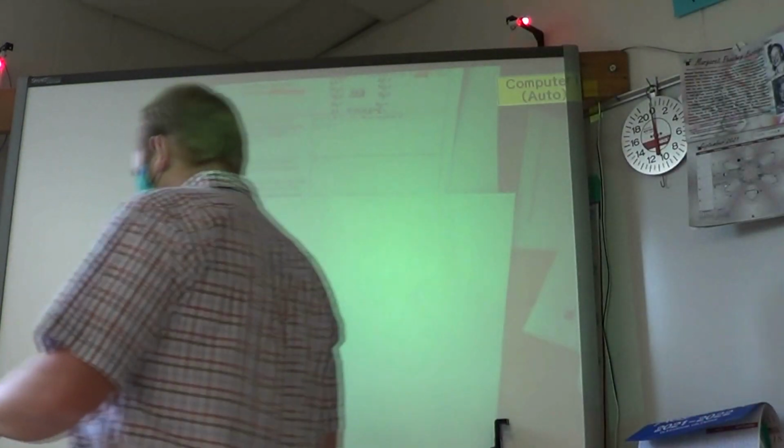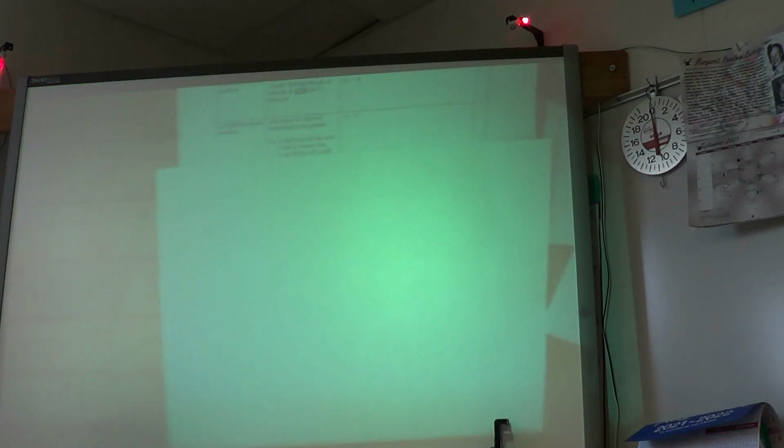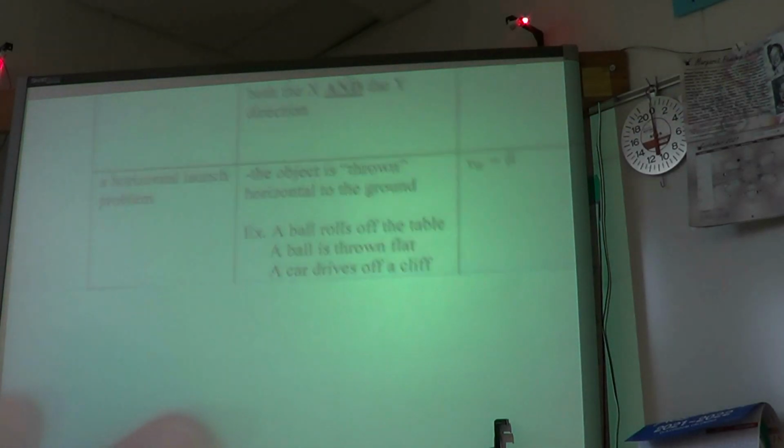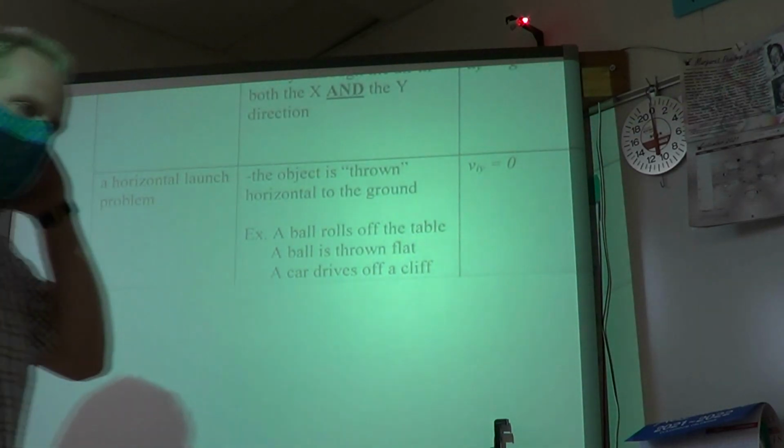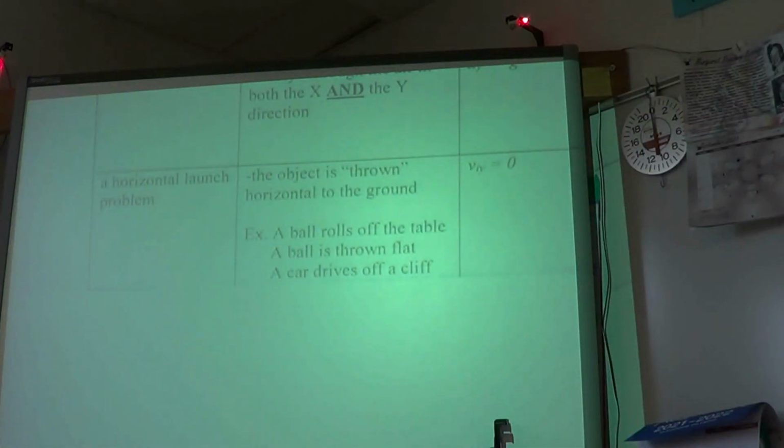We know it's a horizontal launch problem if the object is thrown horizontal to the ground. Again, I'm using quotes for thrown because it doesn't have to be thrown. It's just a nice way to summarize it in one word.